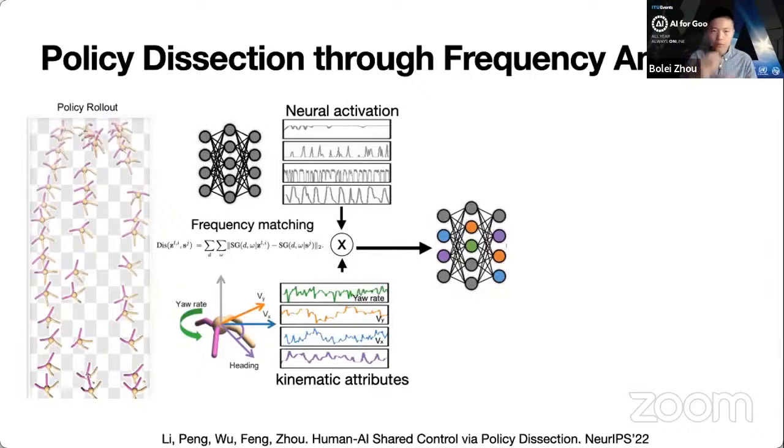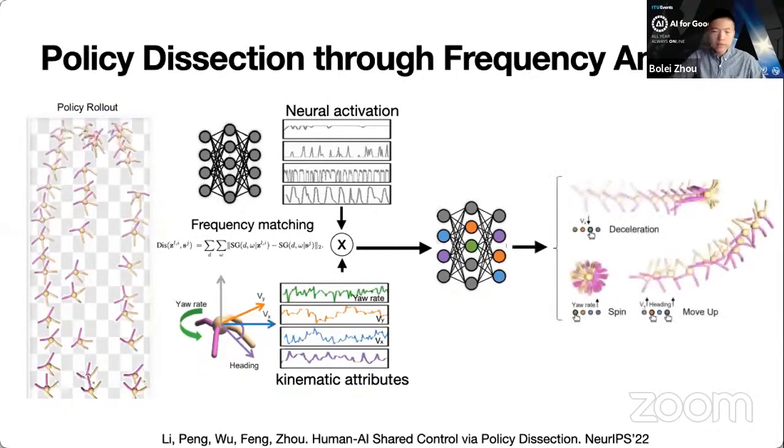Then we can associate some kinematic attributes with the internal representations, so we can identify which regions of the internal representations are associated with which attributes. After we interpret that, we can build a human interface, and then the human can activate and deactivate certain regions. We can evoke certain behaviors such as deceleration or moving up.